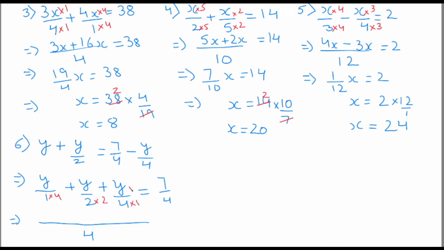Same thing in the numerator too. Now check your numerators. 4y plus 2y plus 1y equals 7 by 4. I don't have the space. Better I'll write this side.